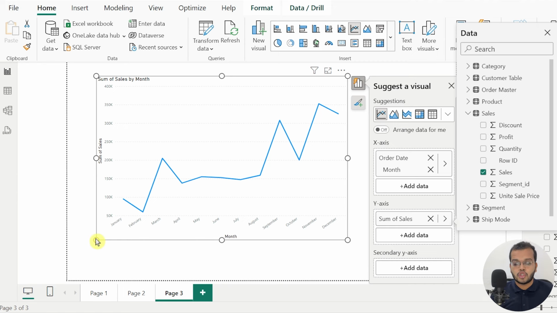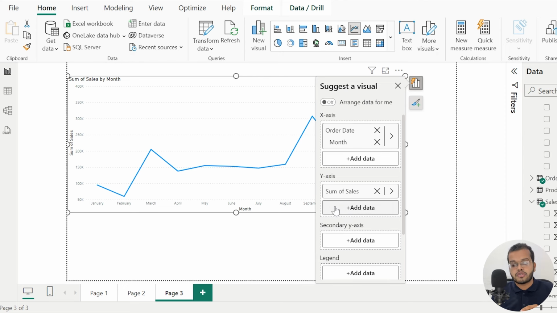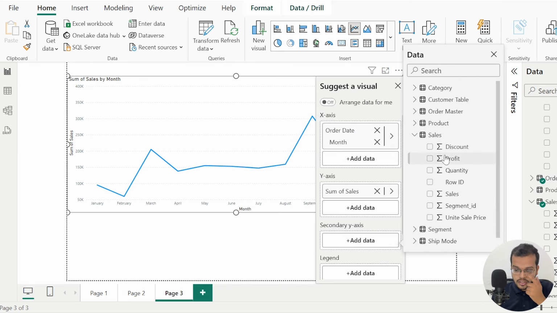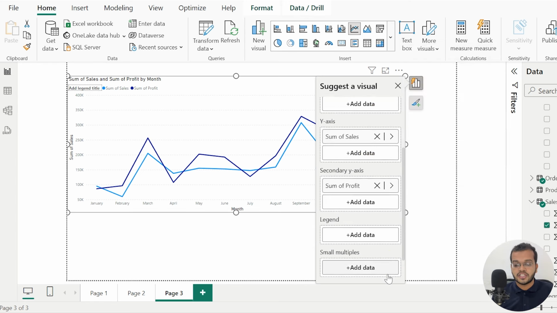If you even want to show some other information, such as the profit, for how much sales, how much profit I have got in January month, for that also you can input the data in a secondary y-axis option. As soon as you click it, we have to go with the profit which is there in the sales table. So we have got sales, we have got profit, but my dear viewers, please understand, we also have an option called legend here.